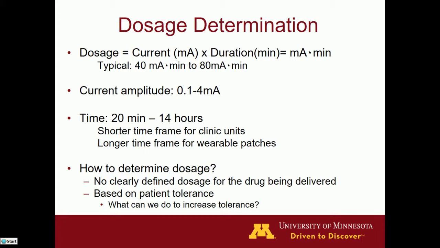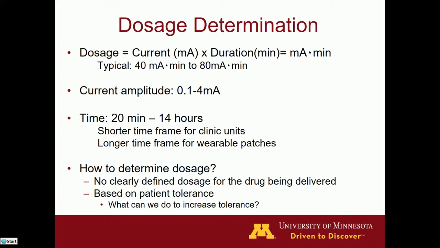You set the dosage goal, which is typically 40 milliamp minutes to 80 milliamp minutes. You then set the milliamps by turning up the current to what the patient can tolerate. The unit adjusts the time based on the current and the goal. So if the goal is 40 milliamp minutes and the patient tolerates 2 milliamps of current, then the treatment time will be 20 minutes.